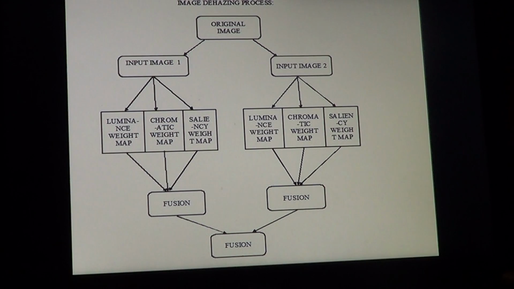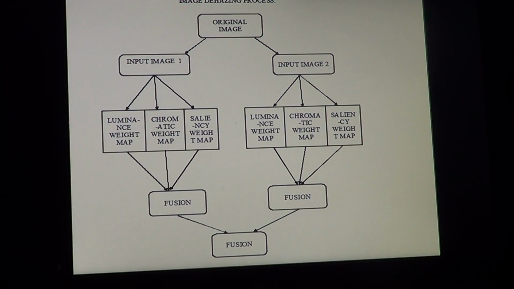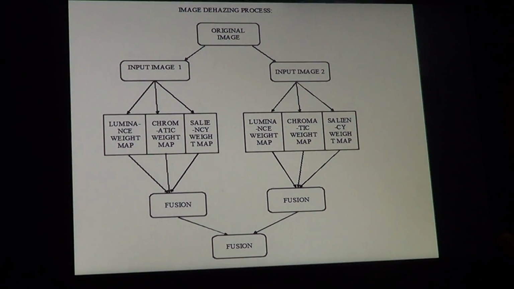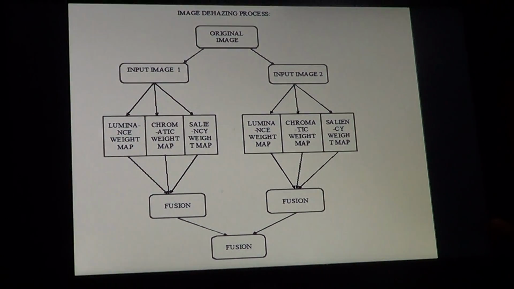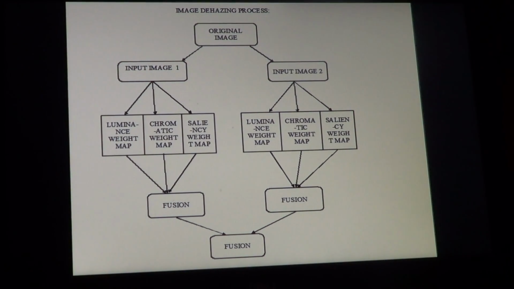After that, both the obtained inputs are weighted by three weight maps, that is luminance weight map, chromatic weight map and saliency weight map. First, the luminance weight map increases the luminance by balancing the brightness, and the second one is the chromatic weight map. It increases the saturation value and it increases the visibility of the colors present in the image. The saliency weight map highlights the edges present in the image.